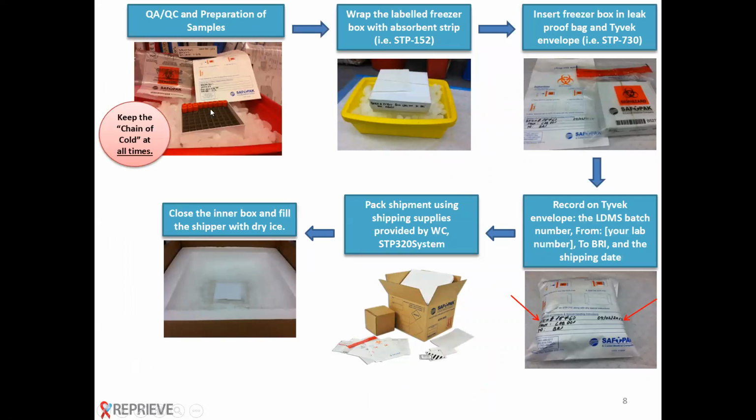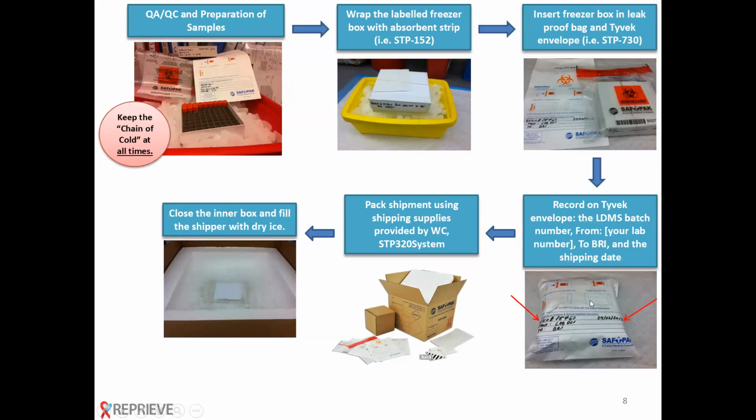Picking back up with the QA/QC, we have our box that has been checked, all the contents. Then we take that container, wrap it with the absorbent strip, place the freezer box with the strip into your Tyvek bag, into your leak-proof bag, and then the Tyvek envelope.